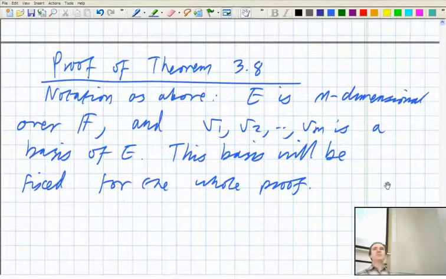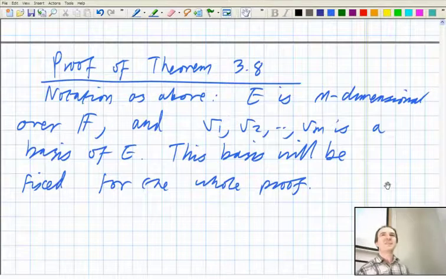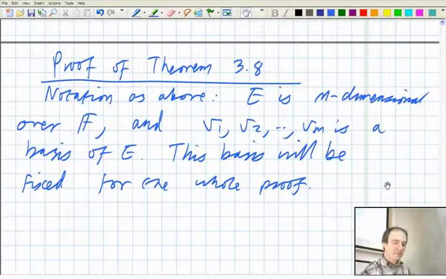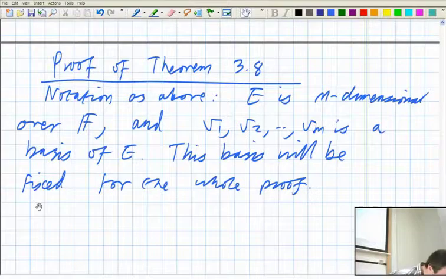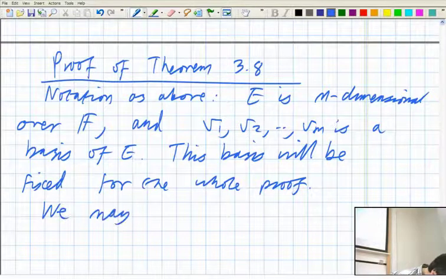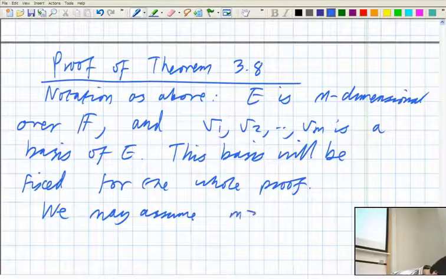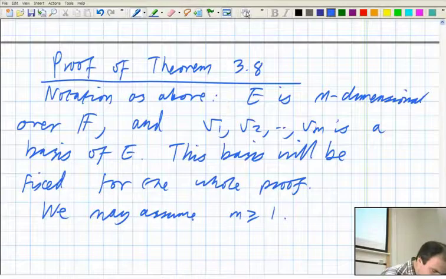And I'll assume that m is at least 1 to avoid any trivialities. If it's a zero-dimensional space, it's not going to be interesting. Otherwise, it's trivial.